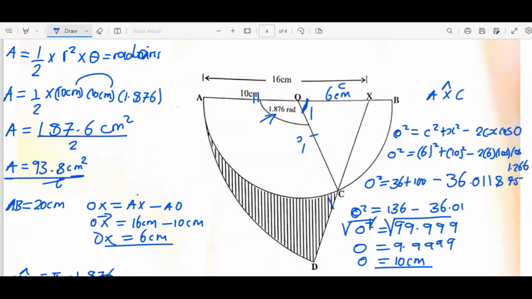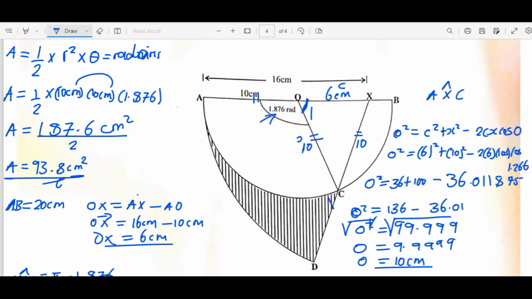Now, how can we use that to come up with the angle here? If this is 10 centimeters, then we can conclude that the distance OC is equal to the distance XC. Then the triangle OXC is an isosceles triangle, which states that the base angles must be equal to each other.